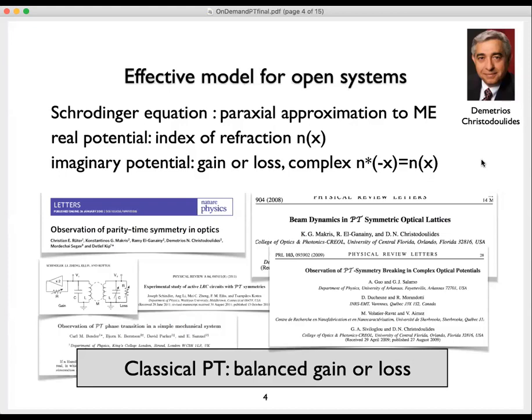Once that idea was clear, it really led to a number of experiments, most of them initially led by Christodoulides, on how to actually realize this in various platforms. The first one was PT symmetry in optics, where you have two waveguides. One of them had a loss and the other one had a gain medium embedded.